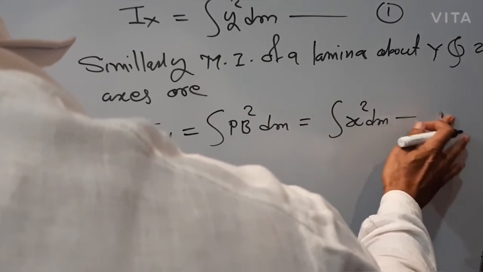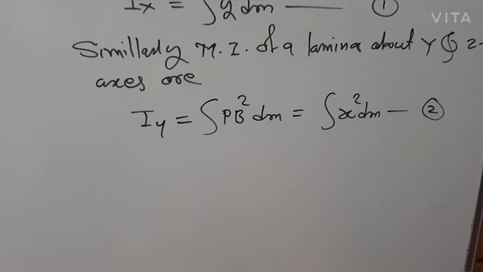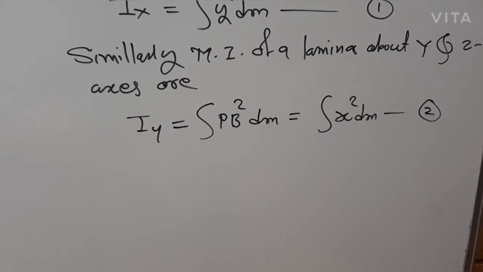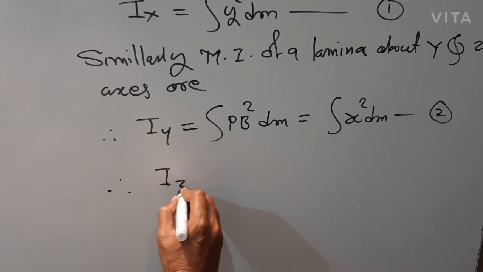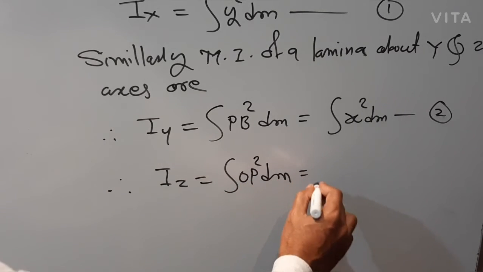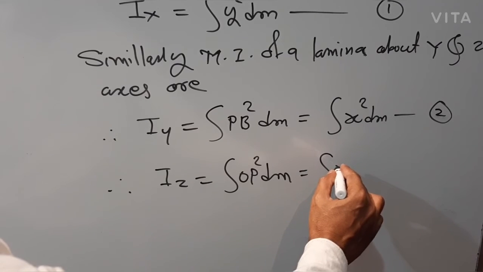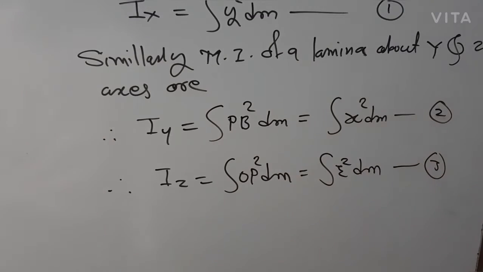This is our equation number 2, and it is also expressed using these two steps, element and then body. And therefore Iz is equal to the integration of OP square dm, which is equal to the integration of r square dm. This is our equation number 3, because OP is equal to r.